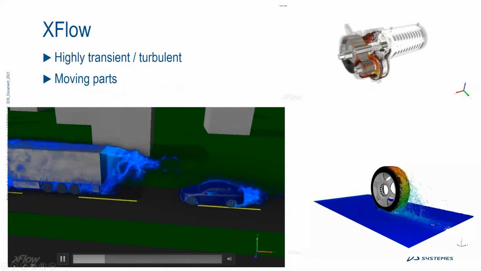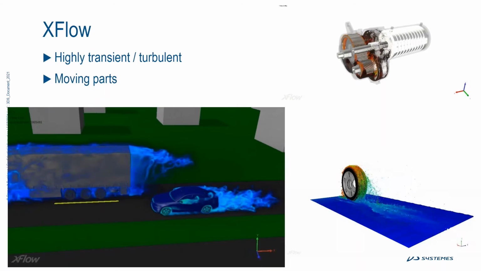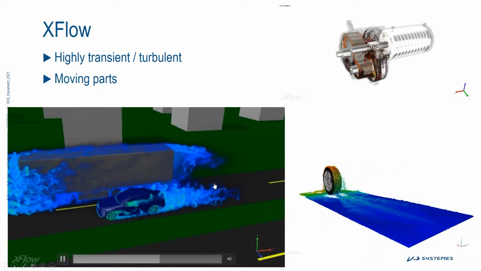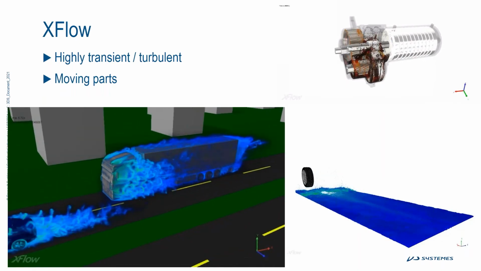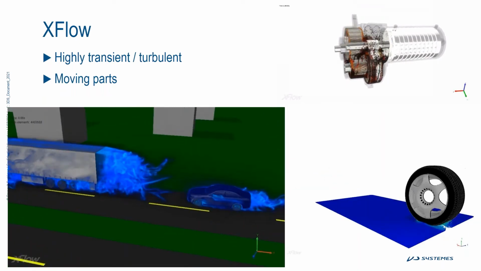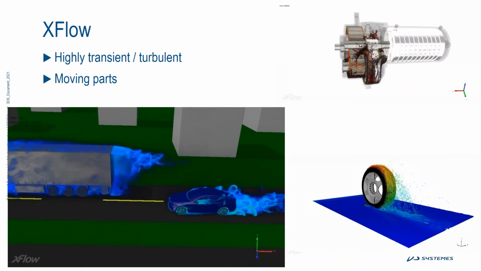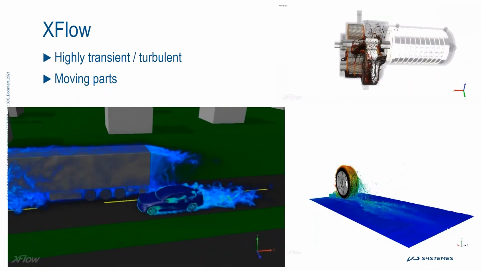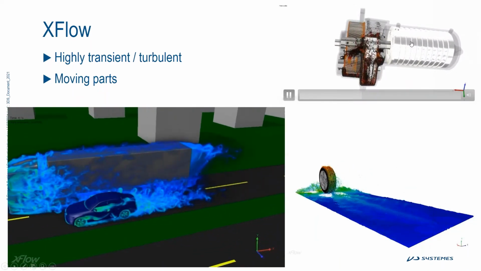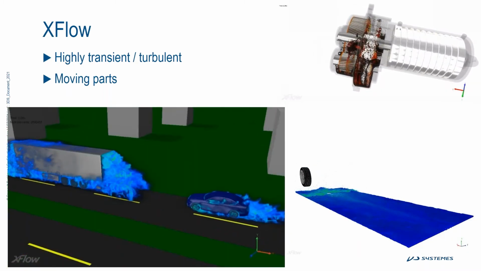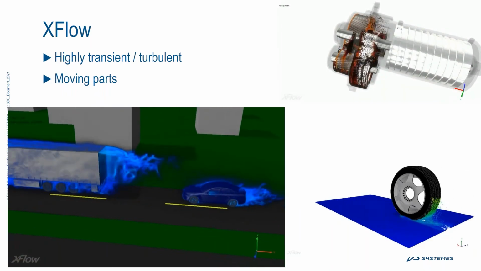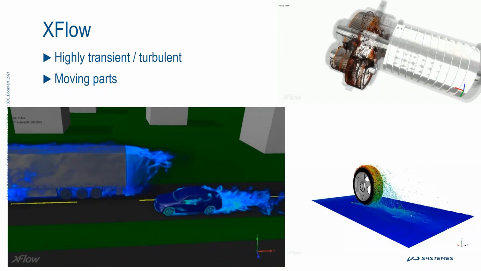These ones here, again, some fancy applications. In this case, a car overtaking a truck and looking at all the airflow around the car and the truck. This one here, in terms of the lubrication, and again, quite a complex transient problem to capture with the other packages.